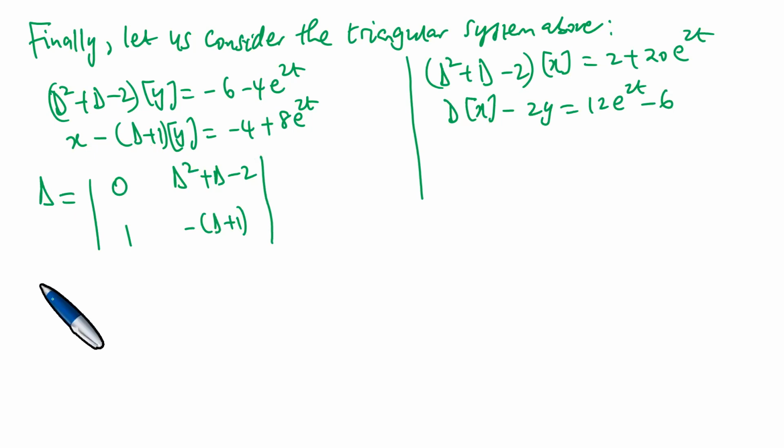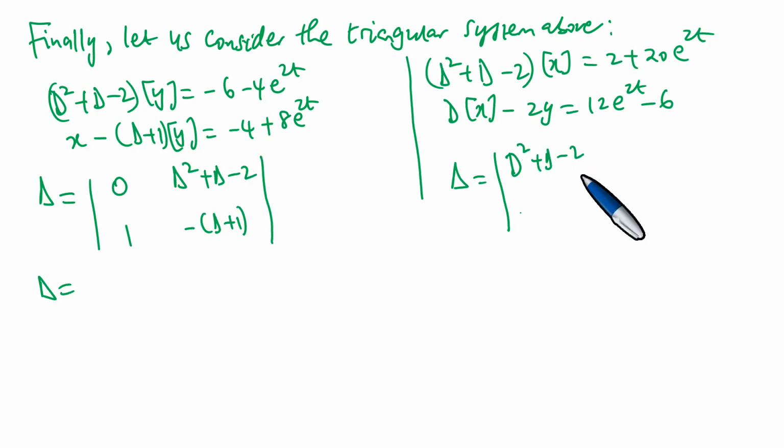Okay, and then now we're going to compute this one simultaneously. Let me write the other delta for the other triangular system operating on x. Right, in which case we have that the operator on x is the d squared plus d minus 2. Operating on x is also just the d here. Operating on y is 0.